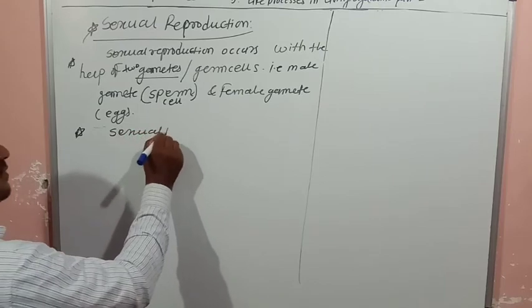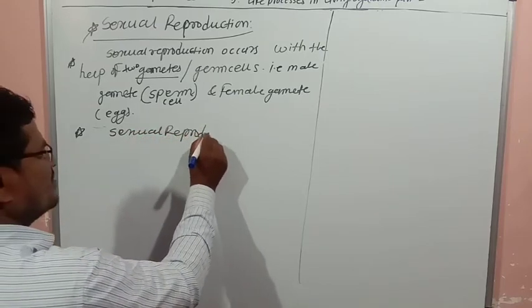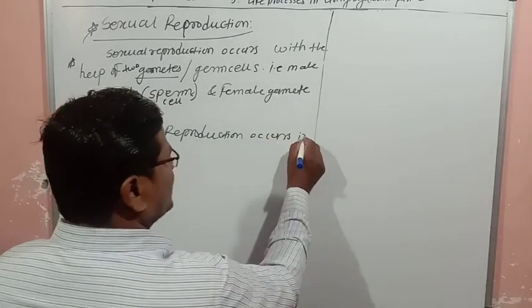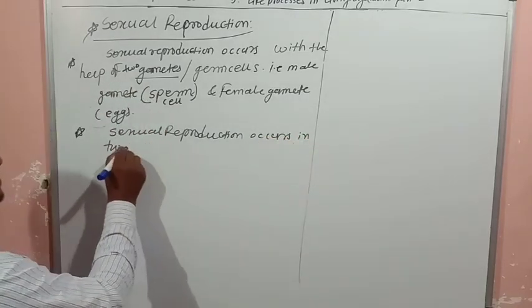Sexual reproduction occurs in two steps.